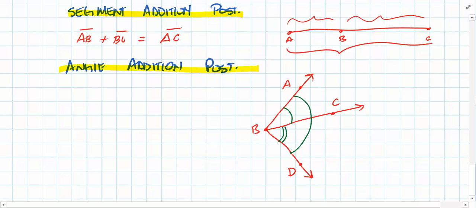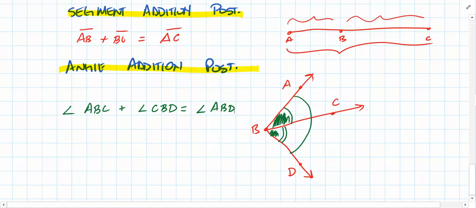Well, we would say angle ABC, that's this angle here. Does that make sense? If I add to that angle CBD, this part here, what does it have to equal? The grand total of what? Angle ABD. So do you notice that angle addition and segment addition operate the same way? Does that make sense to you?